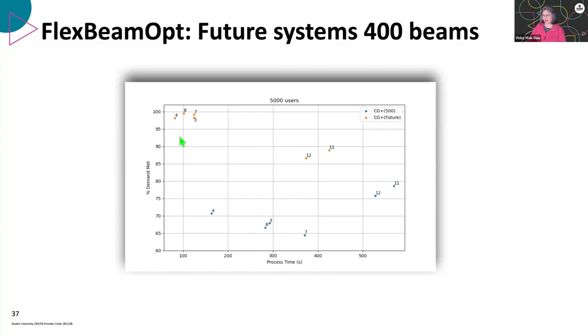Anyways, so it is probably not so surprising that we can achieve much better percentage demand met. So the problem instances 11 and 12, so these are all the 5,000 users instances. So problem instances 11 and 12, the improvement is not so big. It's from here to here and here to here.